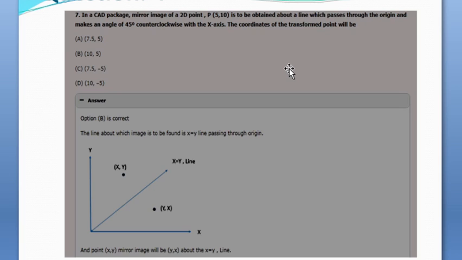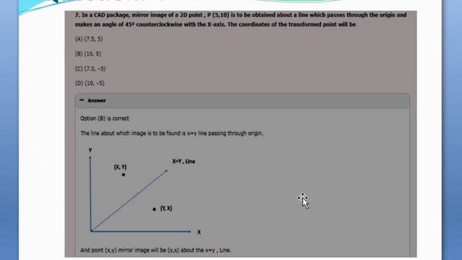Here also the pivot point is given as the origin. The rotation angle is 45 degrees, in the counterclockwise direction.